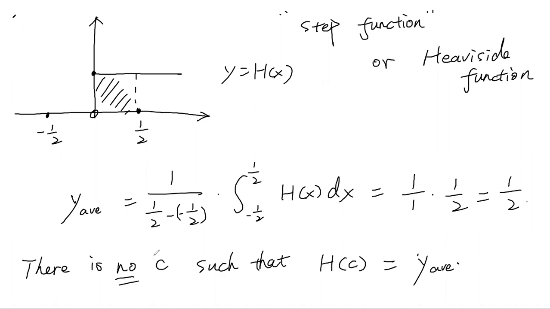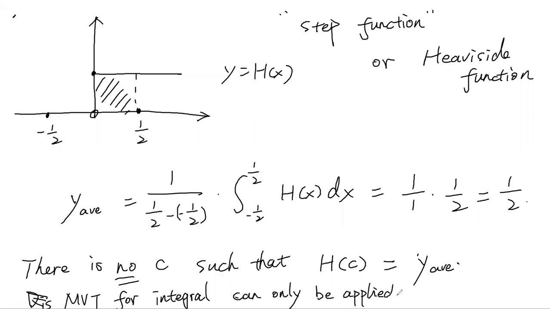And this example tells you that for a discontinuous function, the mean value theorem for integrals cannot be applied. It can only be applied to a continuous function, or at least one that is continuous on the interval you are interested in.